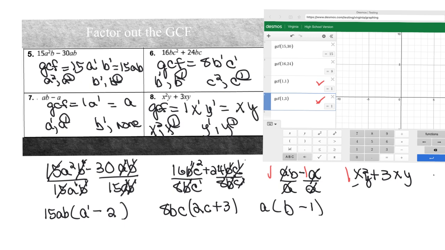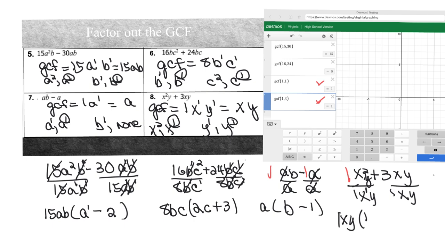So I'm going to divide by xy. And if I want to put the 1 there, that is fine. So outside my parentheses, I'm going to have my GCF, which is 1xy, times 1 divided by 1 is 1. I have 2 x's on top, 1 on the bottom.